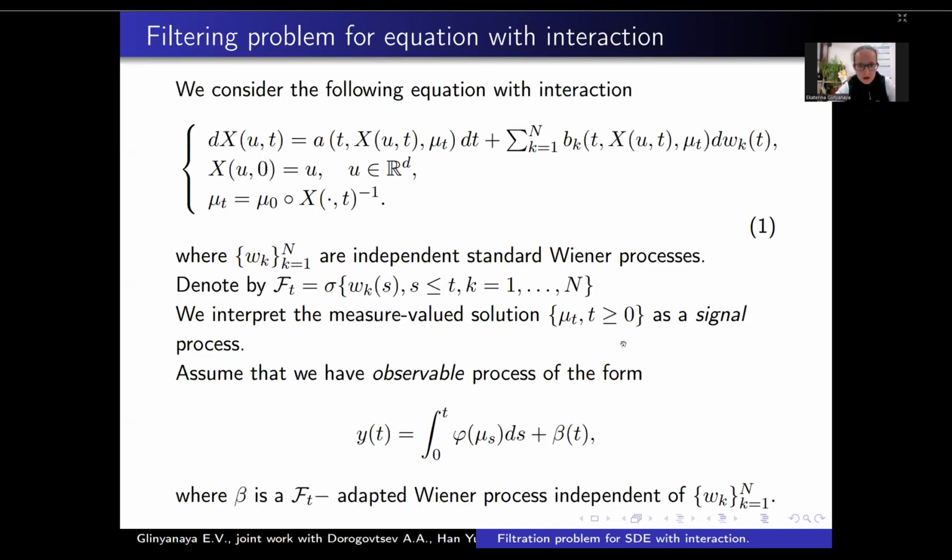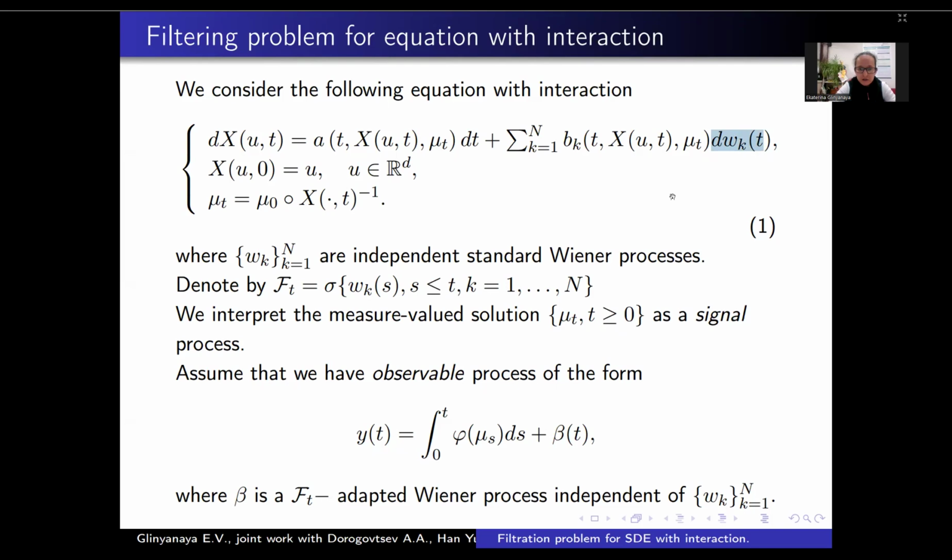As usual in a filtration problem, we cannot observe the signal process itself, but we observe some functional of the signal. So we will consider the following functional: an integral from 0 to t of some function of the measure, plus some noise which is independent of the Wiener processes here.